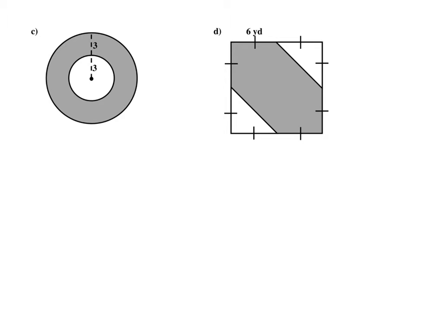All right, for part C, we have a donut. We have a big circle, and we're cutting out the small circle. And this is what's left over. All right, let's figure out the area of the donut. So area total is equal to, let's say, area of the big circle minus the area of the small circle.